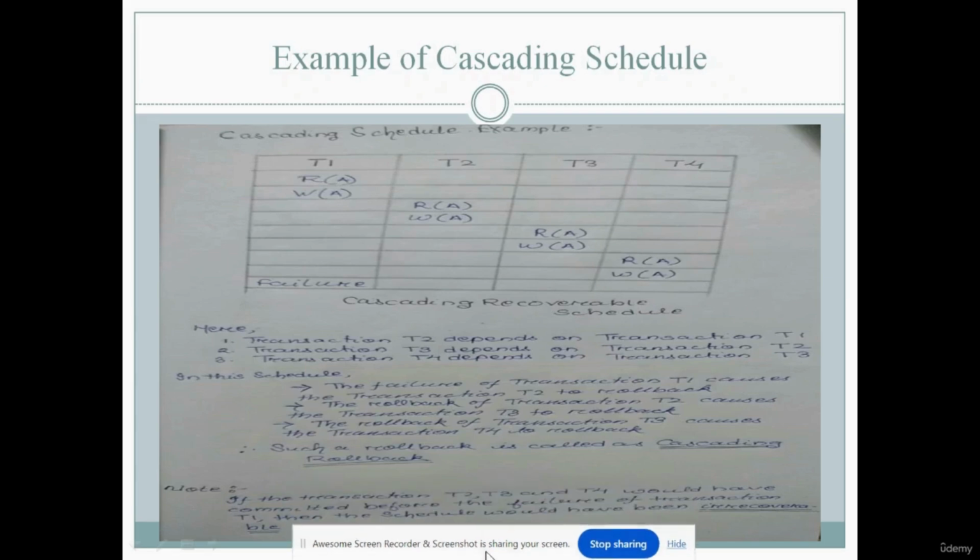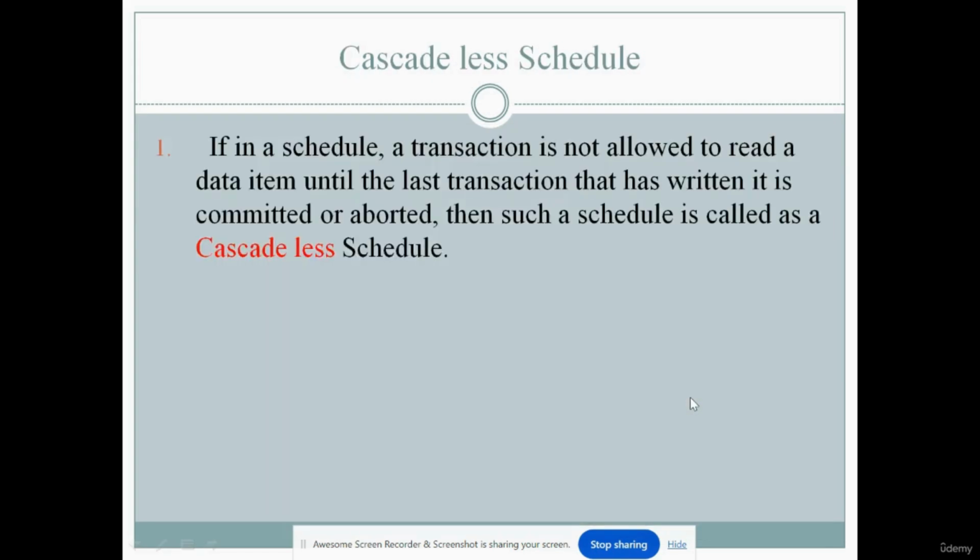Note: if transactions T2, T3 and T4 would have committed before the failure of transaction T1, then the schedule would have been irrecoverable.